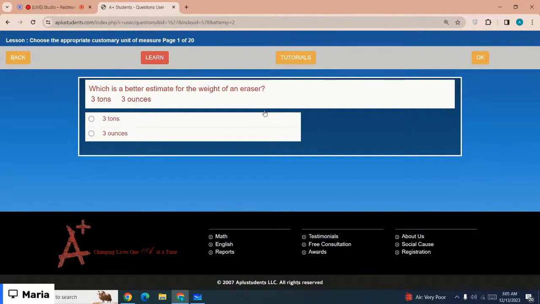That is just a razor. Tons is a very big unit for a razor, so the correct option is 3 ounces. Option number 2 is the correct option.